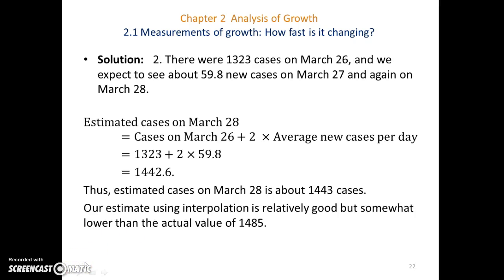There were 1,323 cases on March 26. And from what we computed earlier, we expect to see about 59.8 new cases on March 27th. And that figure is going to grow by another 59.8 new cases on March 28th. So the estimated cases on March 28th are equal to cases on March 26th plus 2 times the average new cases per day, because March 28th is 2 days away from March 26th.